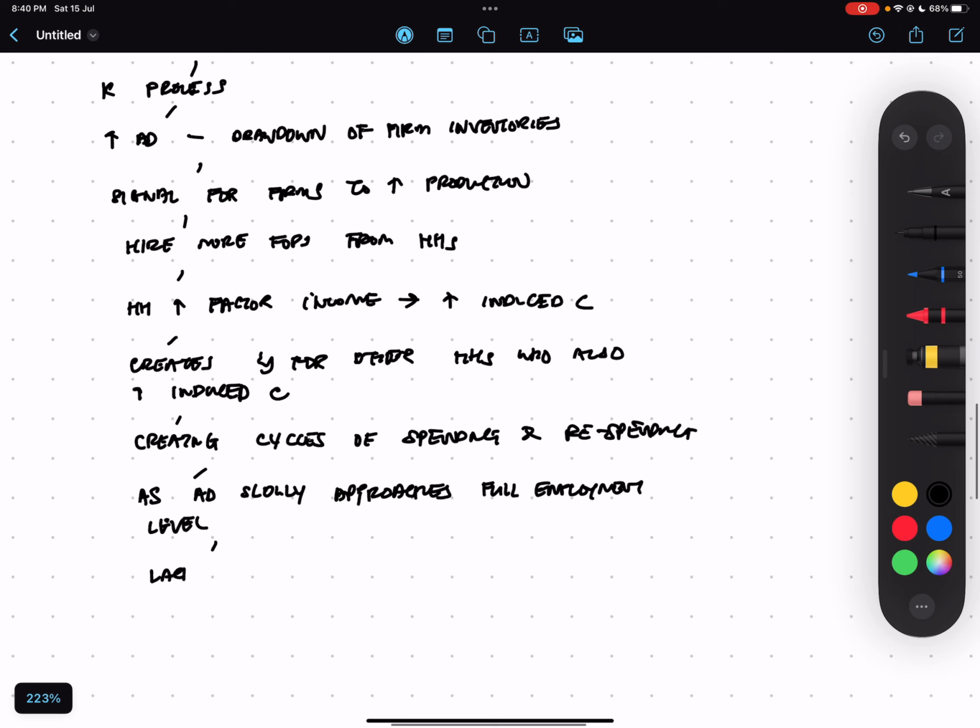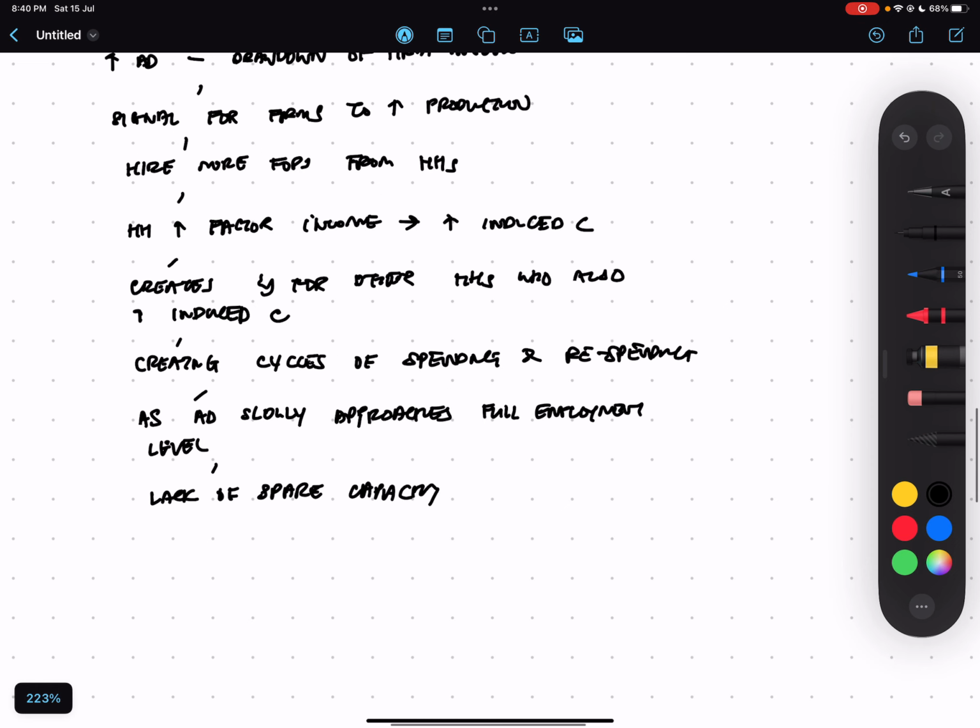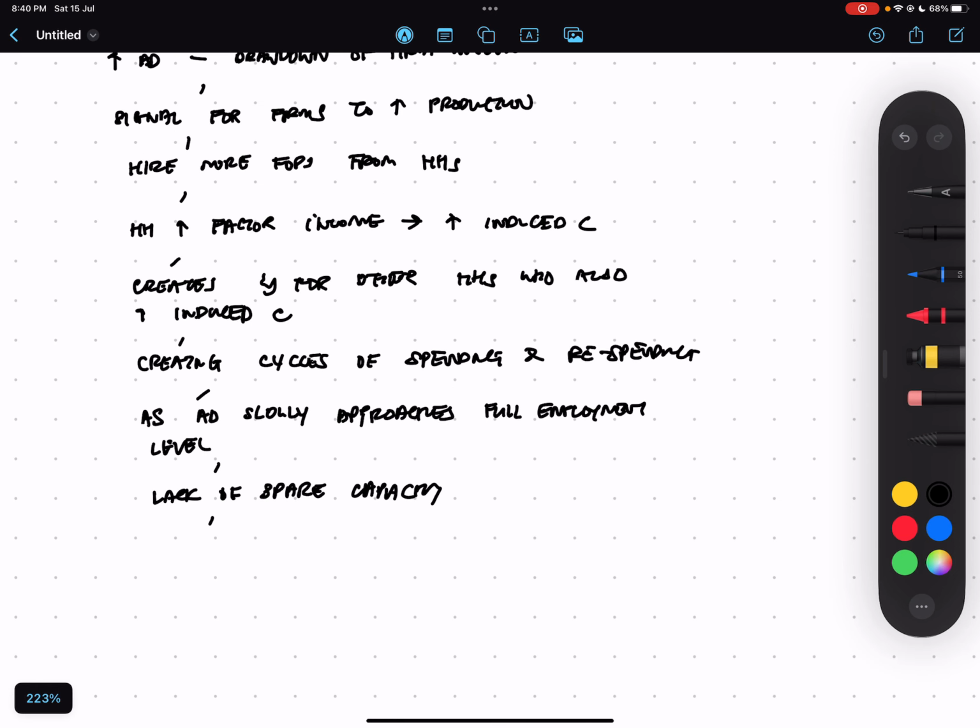So what this means is that you want to hire FOPs, but your country is running out of FOPs, right? So there's no spare capacity, and so firms will start to bid for these scarce factors of production, which will increase the price of the factors of production.